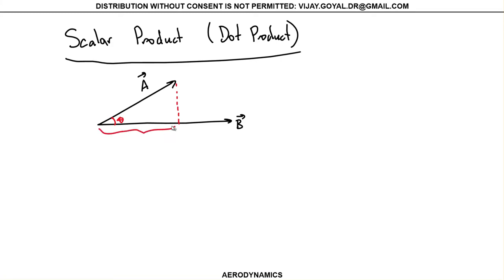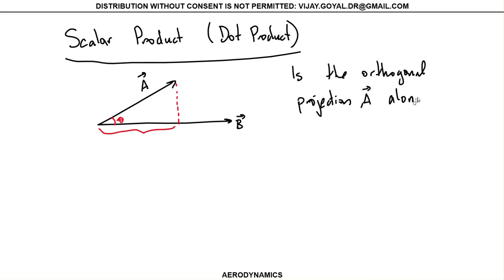This is the projection that we get. So the dot product is nothing else than the orthogonal projection of A along the direction of B.